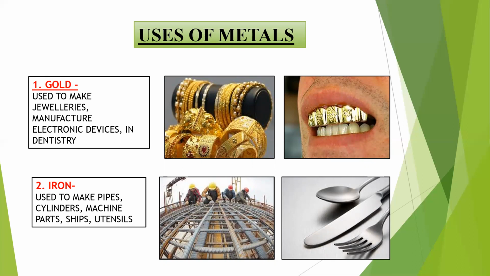And for these properties, dear students, which I have just explained, gold is used to make jewelries, like in this picture I have shown you, and you all know that gold is used for making jewelries. It is used for making electronic devices, that is in instruments like computers, telephones, home appliances, and so on. It is also used in making ornaments and coins.